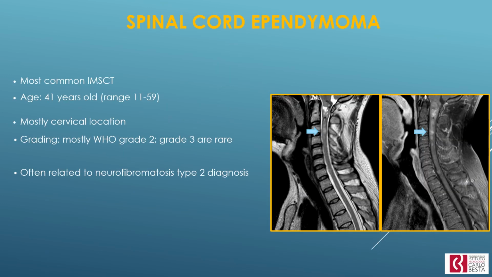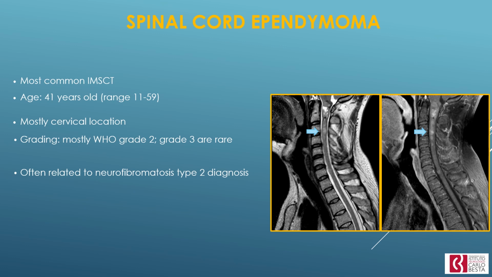The ependymoma is the most common intramedullary tumor, as I mentioned before. However, I'm going to talk very little about this entity because a specific lesson will be prepared by my colleague, a leader in the specific subdomain in the EURACAN network.